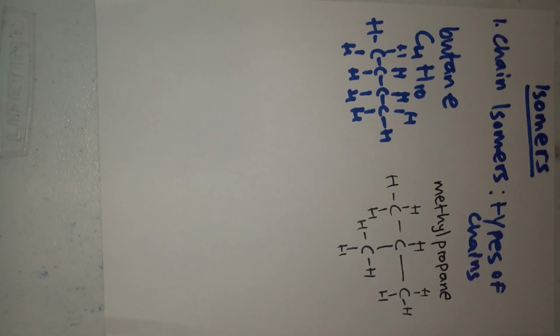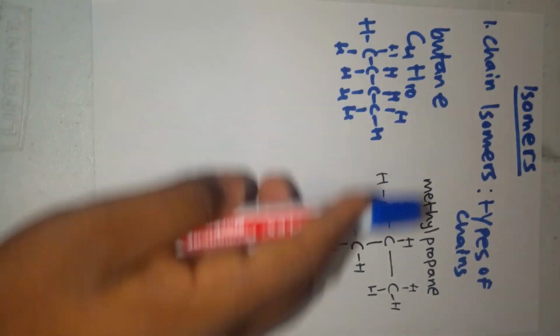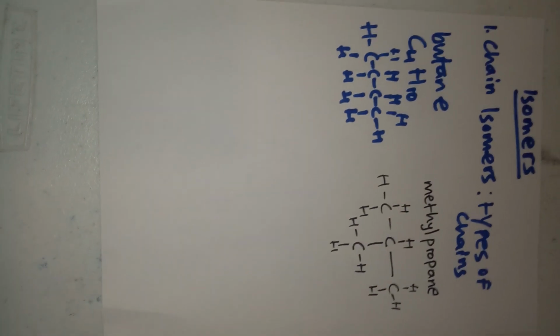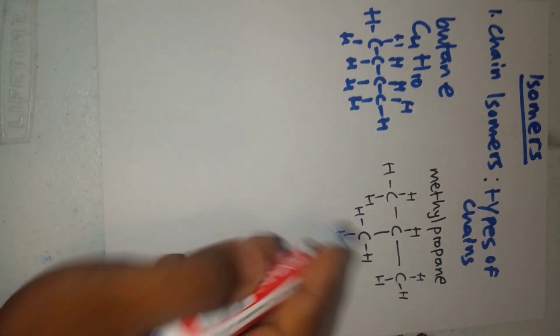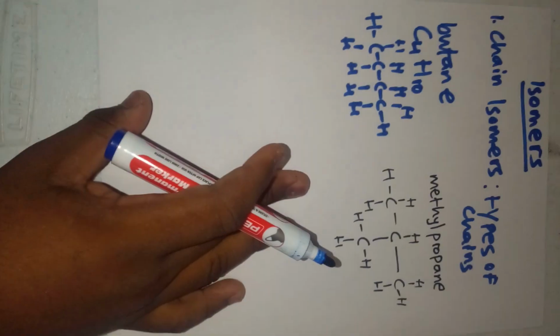I'm gonna choose an example now. As you can see, butane gave me only 1 chain isomer, right? So now if I choose pentane, pentane is gonna give me 2 other chain isomers. Basically about isomers, you can draw a structure, né? The same molecular formula but different structures. That is the main thing.